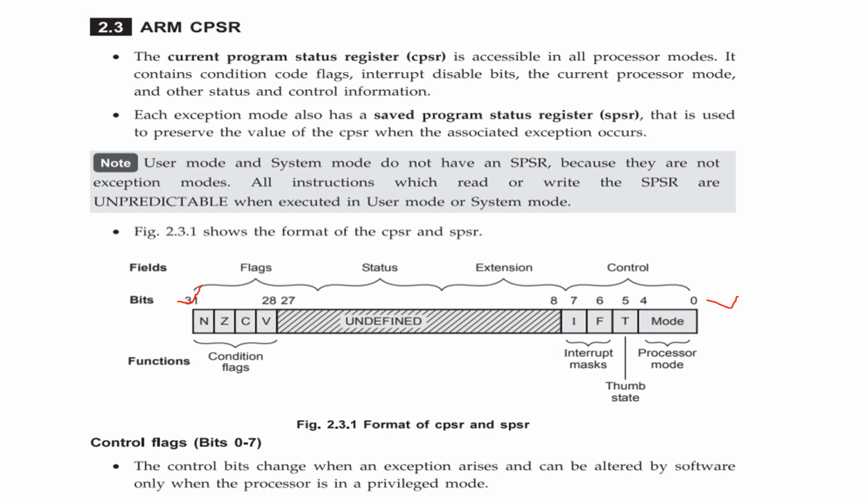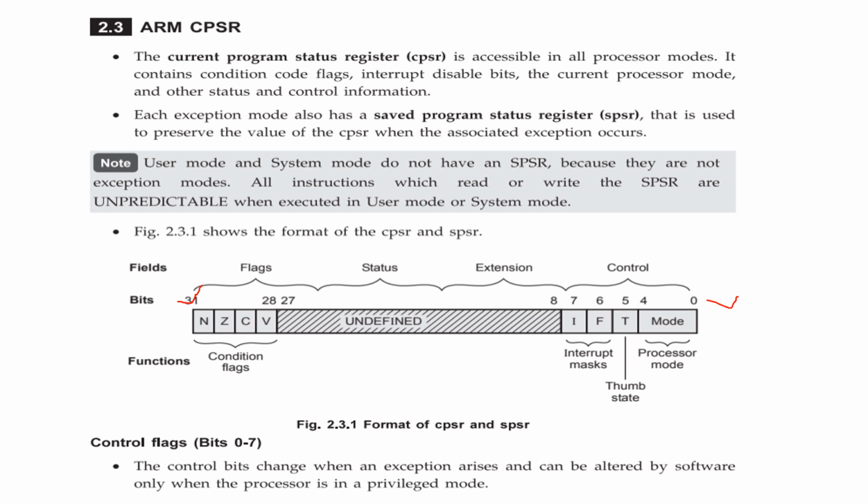Then bit number 8 to bit number 27 are undefined. They are not used because there is no requirement for them. But since all registers are 32 bits long, they have to be there, so no content is given there. Now, the very important part is the last 4 bits.